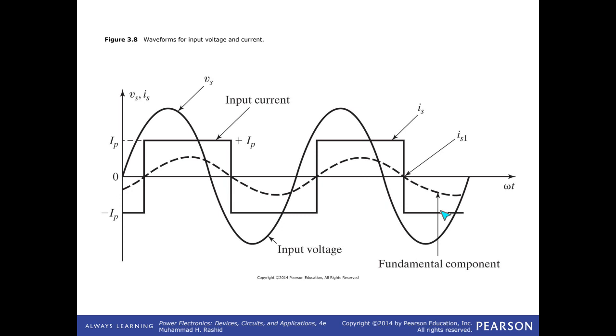So 1, 3, 5, 7, 9, ninth harmonics, 11th harmonics, 13th harmonics, and so on. The higher the harmonic order is, the lower the value. We have shown that.